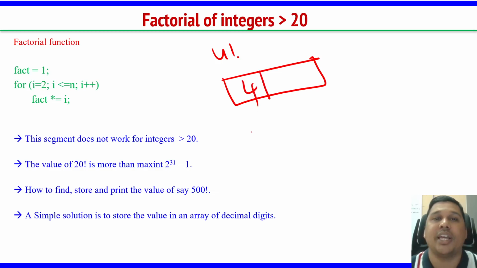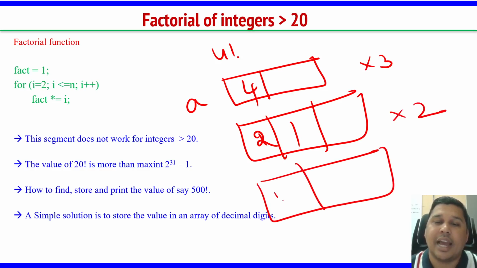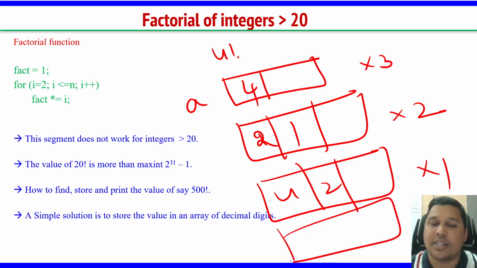Multiply this array element with 3. Store that again in the same array as the result, like this, 12. Again multiply this with 2. Store the result again in the array, 24. Again multiply it with 1 and store the result in the array. So the approach is very simple. Store the number in an array, and multiply with the remaining numbers.